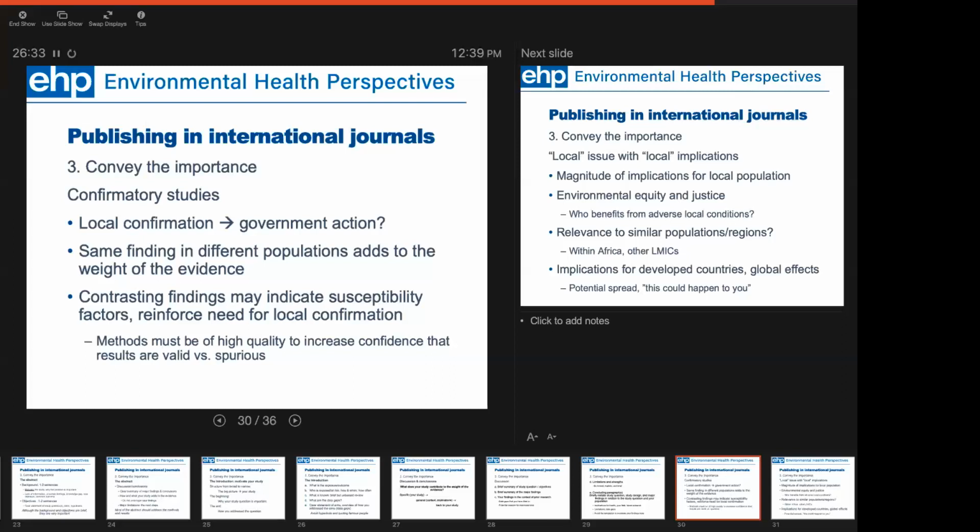So the key here is that if your findings are very different, your study has to be done in a way that makes people feel confident that your findings are different because your population or your setting is different, not because your findings are spurious because your study was too small or used the wrong approach.